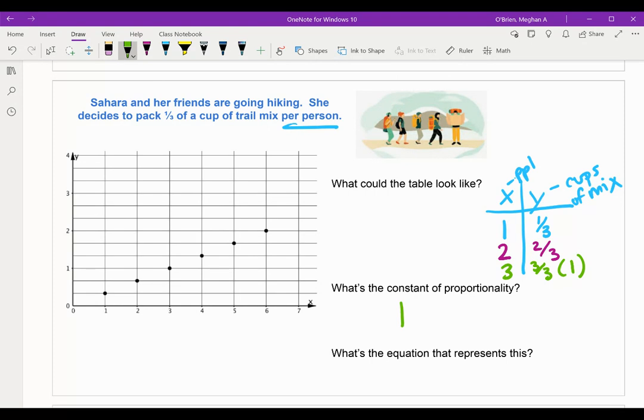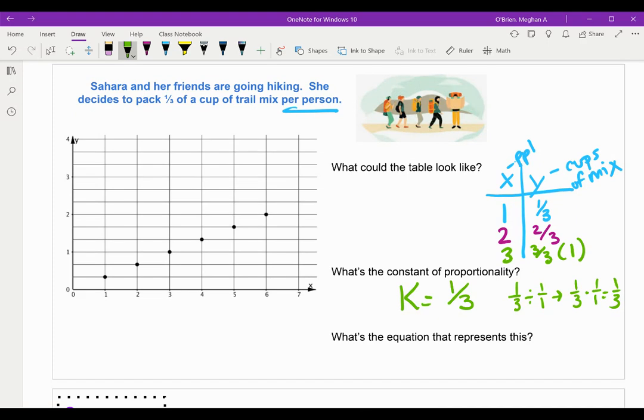The constant equals 1/3, because 1/3 divided by 1, right? I'll just show you using fraction, divided by 1. Change that, 1/3 times 1/1. It's the same thing, right? And then what's the equation that represents this? Y equals 1/3 x.